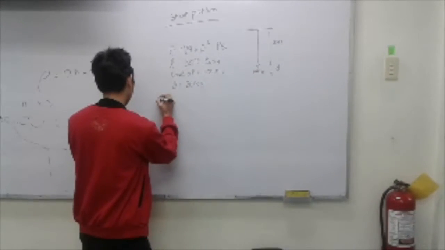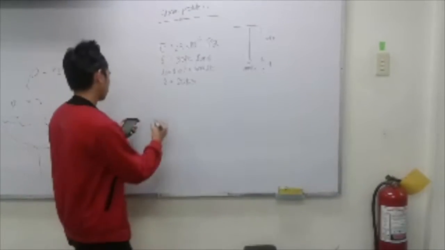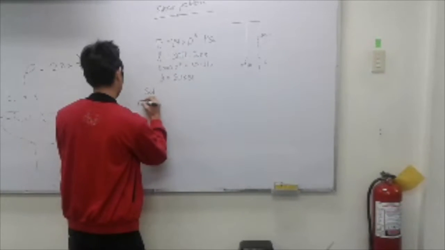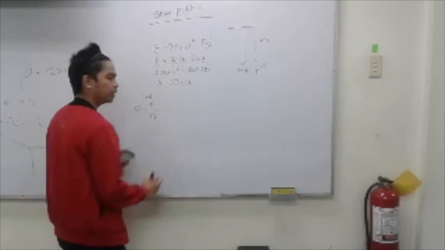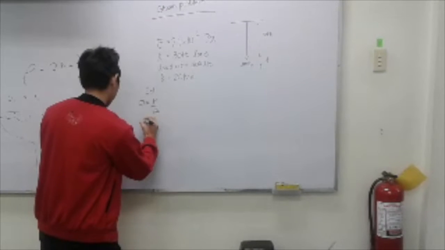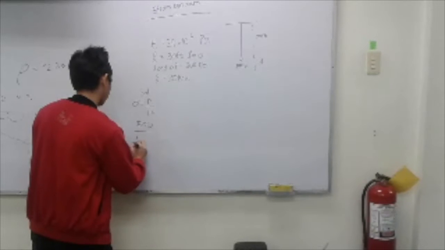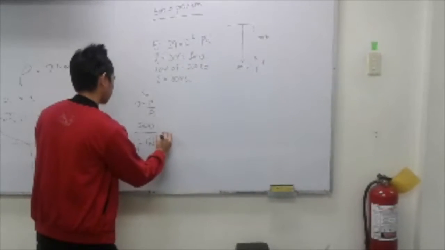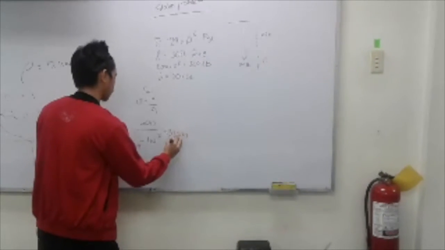Based on the maximum allowable stress, we can obtain P over A, which should give us 500 over one-fourth pi d squared equal to 20,000.